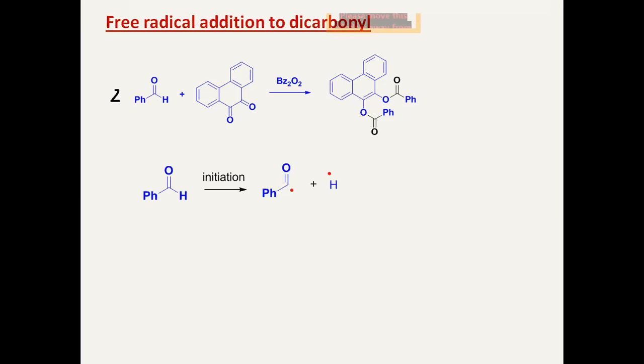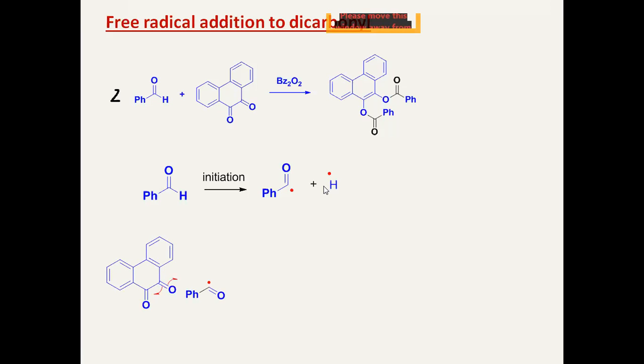How does the breakage of this bond take place because of this benzoyl peroxide? Benzoyl peroxide undergoes homolytic cleavage and forms reactive free radicals. These reactive radicals initiate the breakage of this bond, which forms free radicals.